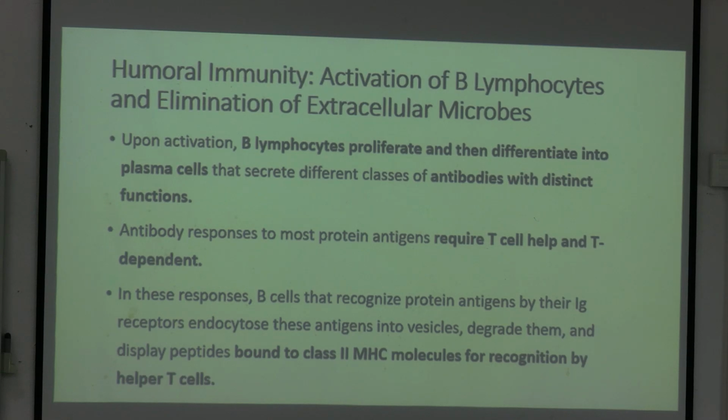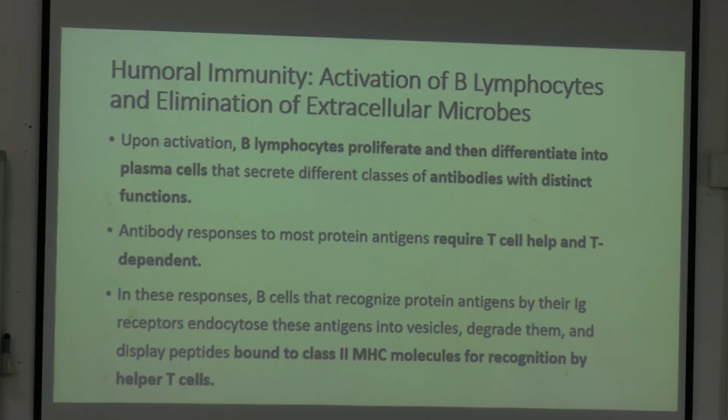Now, humoral immunity. Humoral immunity occurs by activation of B lymphocytes and elimination of extracellular microbes. Upon activation, B lymphocytes proliferate and then differentiate into plasma cells that secrete different classes of antibody.